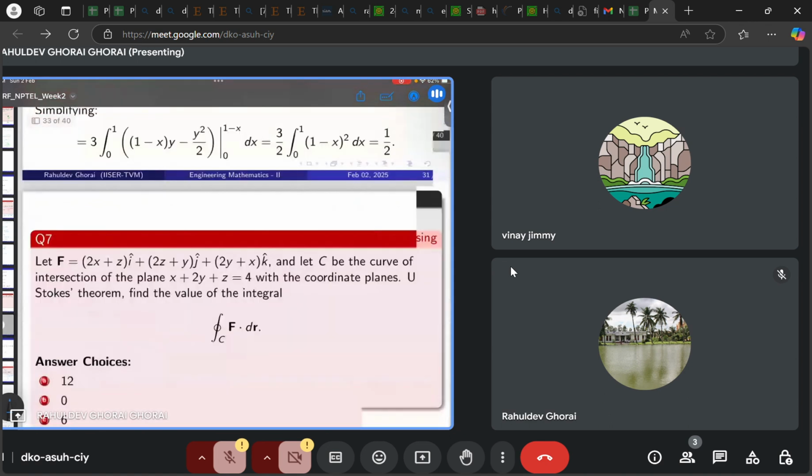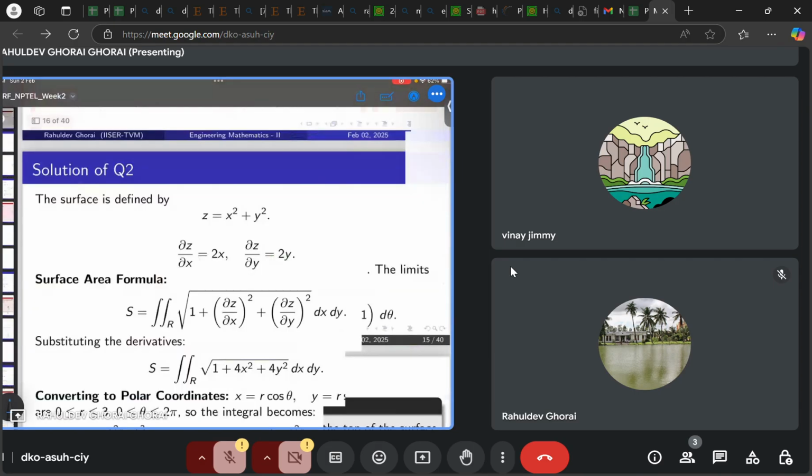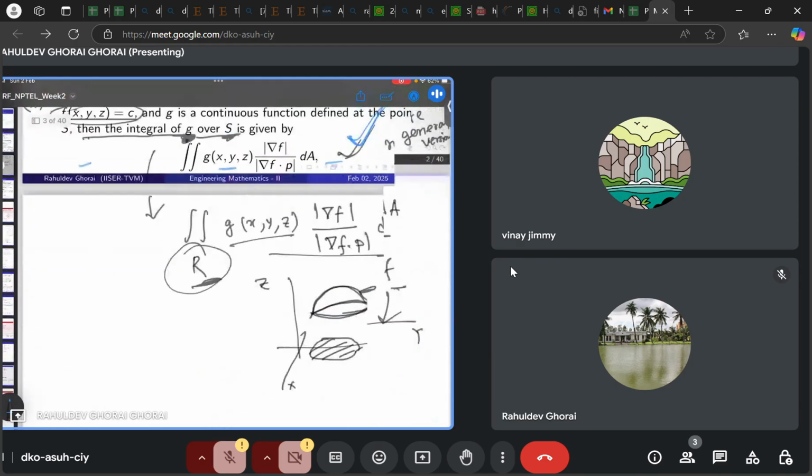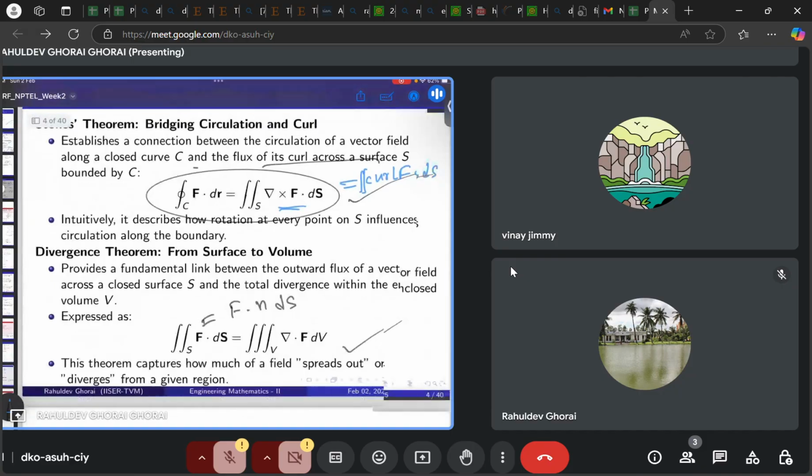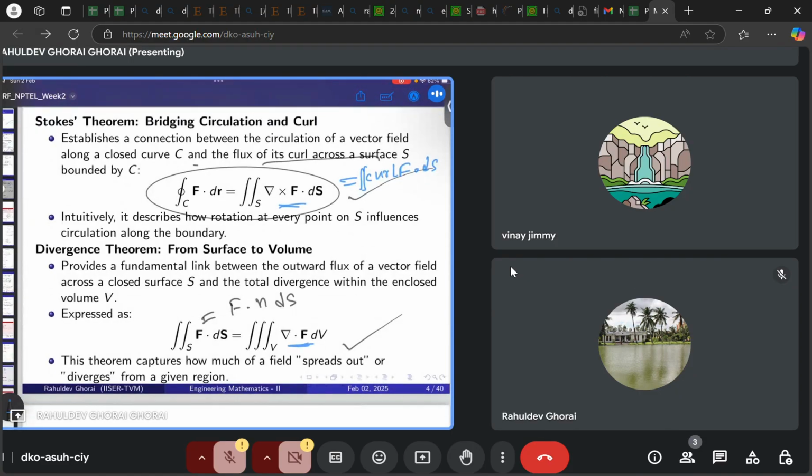So in the theorems, the divergence of F is scalar, and F dot dS is scalar. Here, F dot dr, F is a vector, and the gradient cross F dot dS involves a vector.